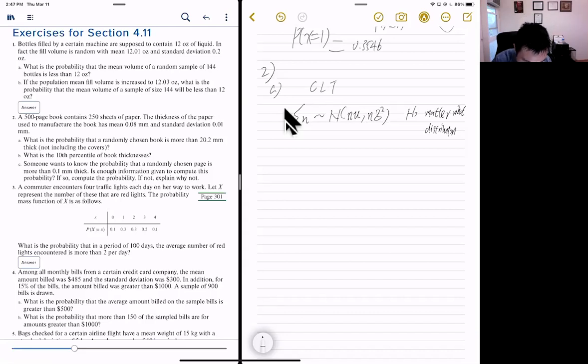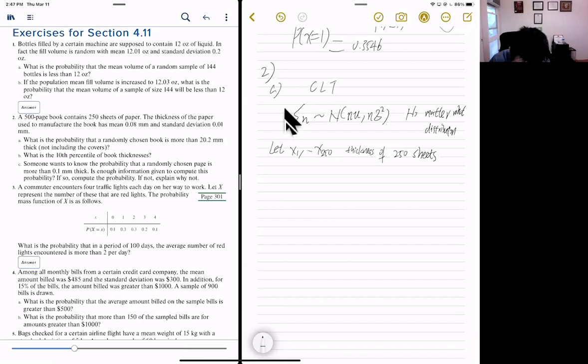So first of all, let's define x1 to x250, because we have 250 sheets of paper for the whole book. That is the thickness of these 250 sheets. The total thickness of the paper is equal to the thickness of the book.